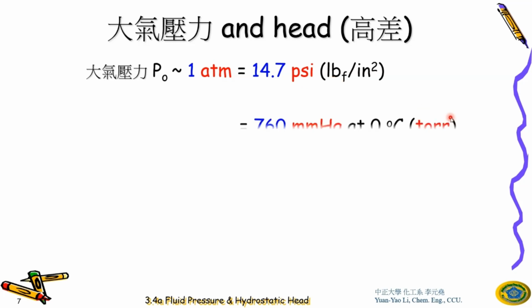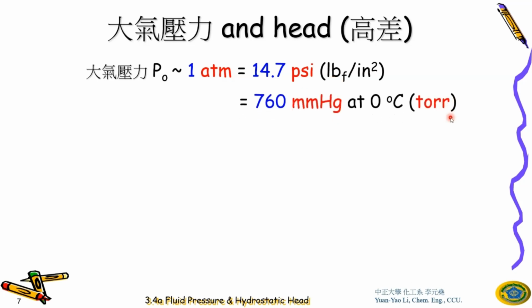And also equal to what? 760 millimeters of mercury. That means if you have 76 centimeters of mercury, that will be equal to 1 atm, 1 atmospheric pressure. And this is what we call torr. Instead of millimeters of mercury, we use torr instead.